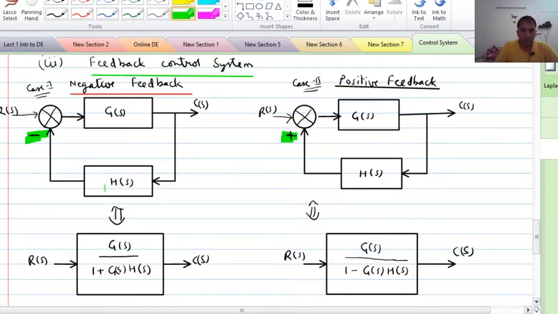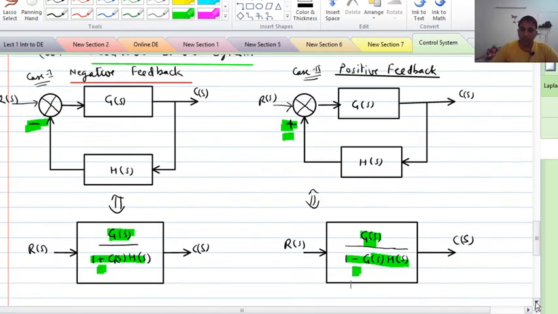When negative feedback is there, we get the output Gs divided by 1 plus GsHs. That is, if negative feedback is there, we use a plus sign here, and in case of positive feedback, we get the output Gs divided by 1 minus GsHs. That is, when positive feedback is there, we get a minus sign here.